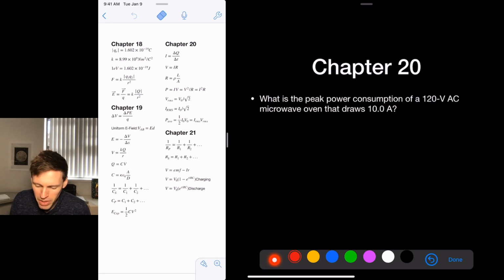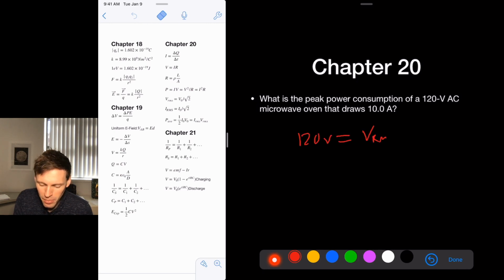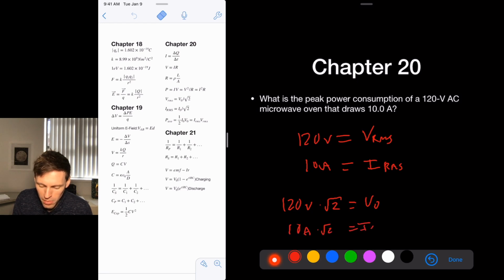What is the peak power consumption of a 120 volt AC microwave that draws 10 amps? Whenever you see something like this, 120 volts AC is equal to VRMS, and it draws 10 amps RMS current. The first thing we need to do is take 120 volts and multiply it by the square root of 2 so we can get to peak voltage, and then 10 amps times the square root of 2 to get to peak current.